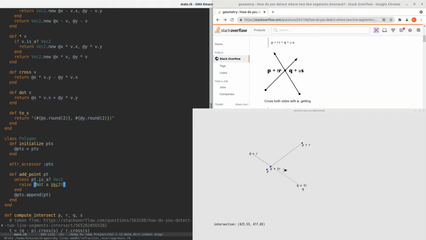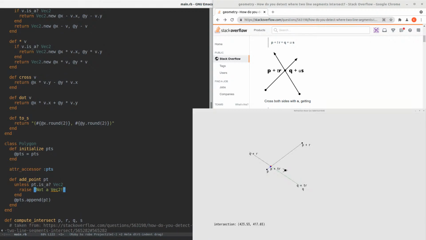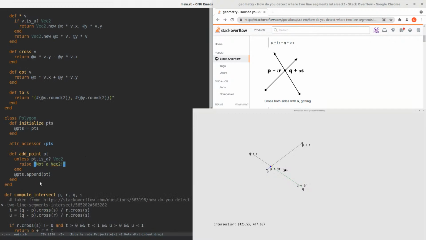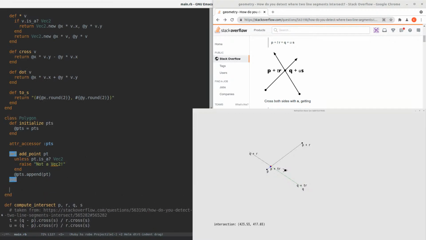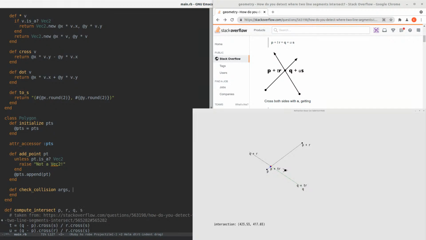Okay, and so if that's not a vec2, it will raise an error. Otherwise, we'll just add that point. And then we can also compute a collision for some line. So we'll have a point, and then a vector from that point. That's basically our q comma s.